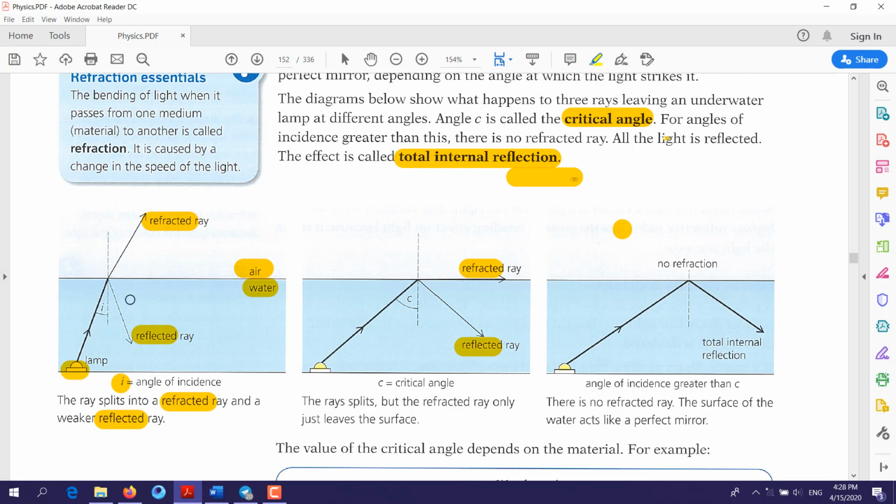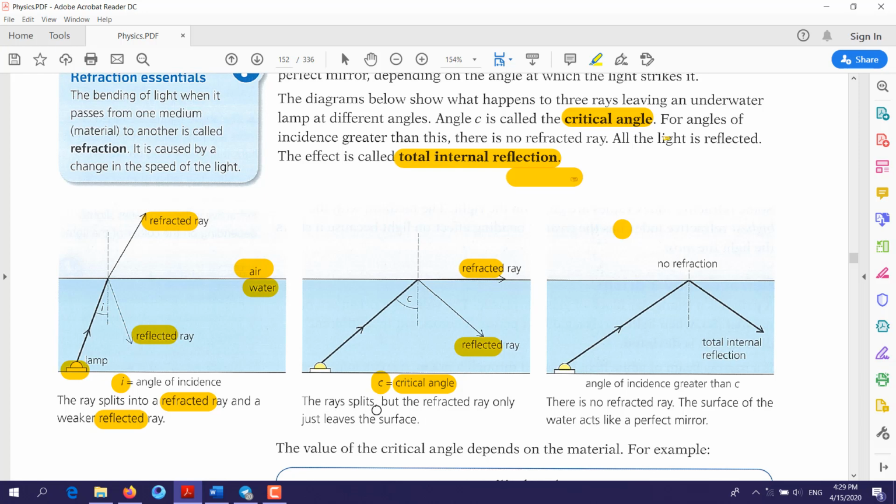When the angle changes, it will affect the refracted and also the reflected ray. But how? See, now we call this angle the critical angle.